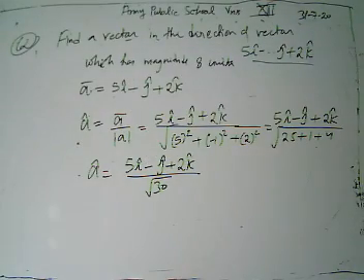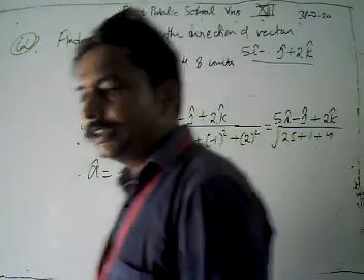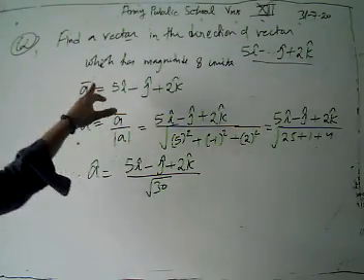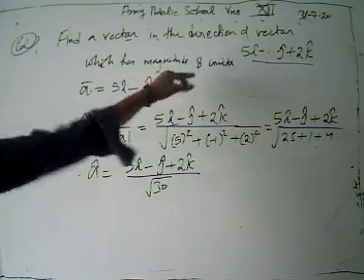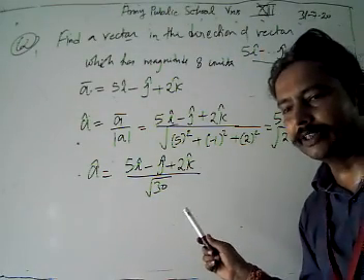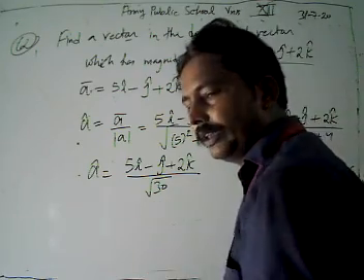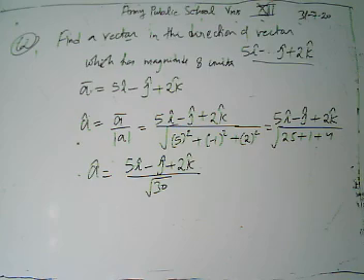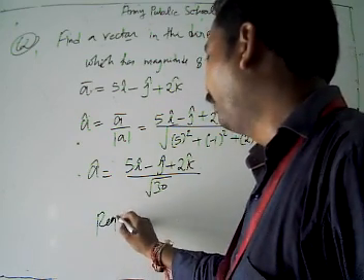Now we have our unit vector in the direction of vector A, but our problem is asking us to find a vector in the direction of vector A with magnitude 8 unit. The magnitude of this unit vector is 1 unit, because when we calculate its magnitude we get 1. It's our A cap, the unit vector in the direction of A. But how can we get our required vector?